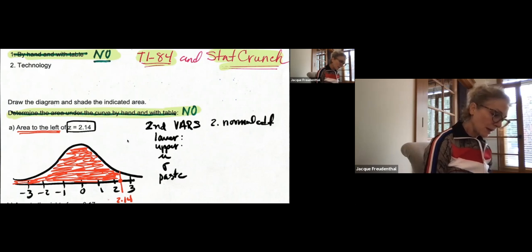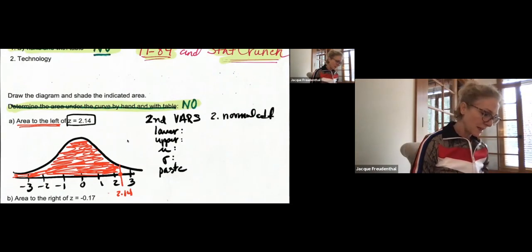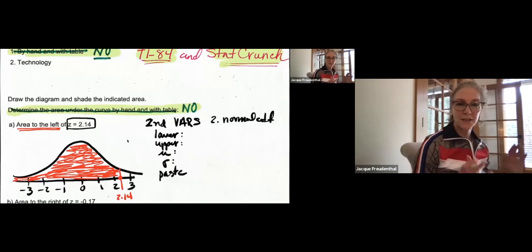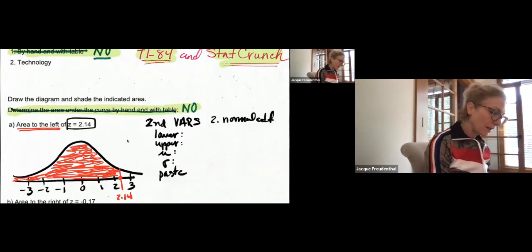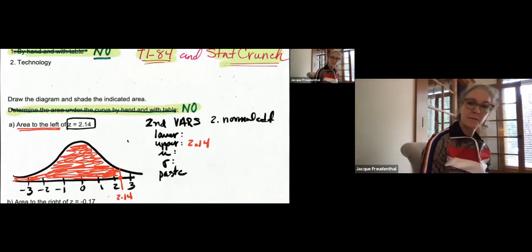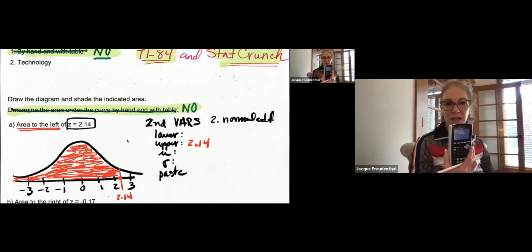Okay, so your lower is the number that's furthest to the left, and the upper is the number that's furthest to the right. So looking at the boundaries of the area I'm trying to find, the area is matching the probability. The area I'm trying to find is from negative infinity up to 2.14. So I know that my upper is 2.14. And I don't have a negative infinity on my calculator.